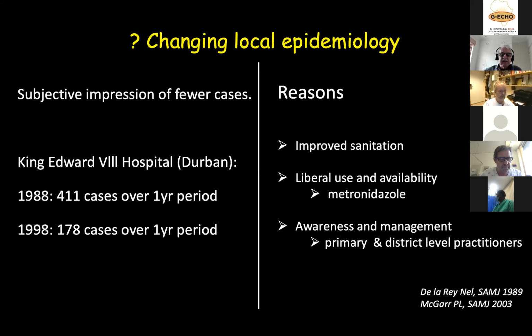And again, there's obviously a much better awareness, hopefully because the message got through at district and primary level of care to manage these patients with diarrhea and dysentery in an appropriate antimicrobial manner up front. And that negates this untreated severe illness that we used to see when I first came here in 1986.